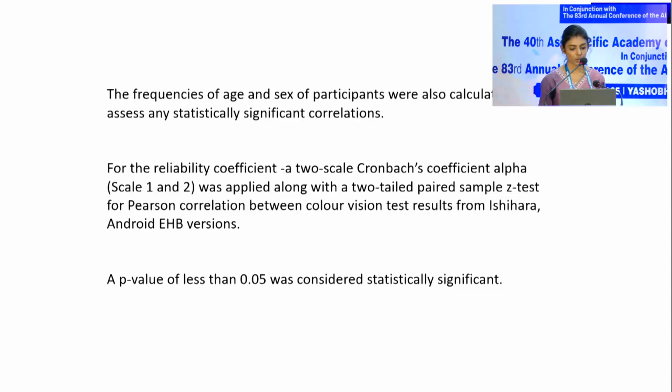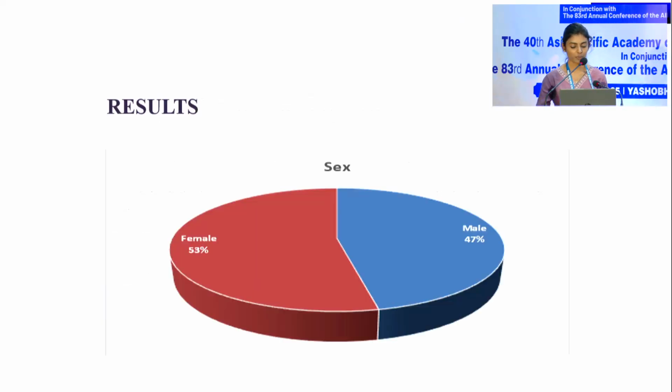For the reliability coefficient, a 2-scale Cronbach's coefficient alpha was applied along with a 2-tailed paired sample Z test for Pearson correlation between the color vision test results from the Ishihara and Android eye handbook versions. A p-value less than 0.05 was considered statistically significant. Out of 30 patients examined, 47% were male and 53% were female.